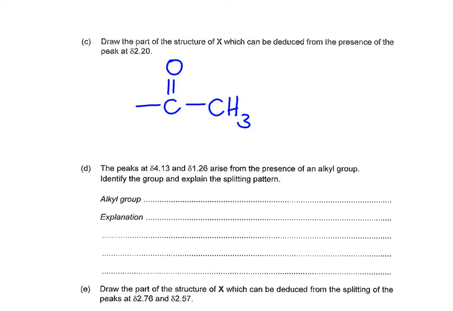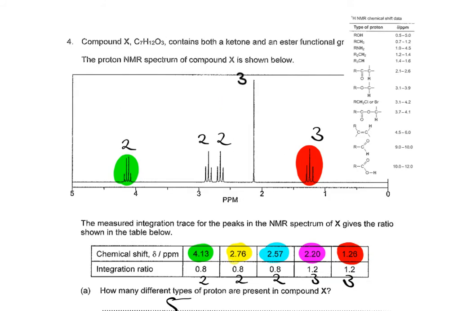Next we're looking at the peaks at 4.13 and 1.26, and we're told that they arise from the presence of an alkyl group. For this fragment, from the red peak, the triplet, we can see that we've got 3 equivalent hydrogens, and the shape of the peak being a triplet means that they're living next door to 2 others.